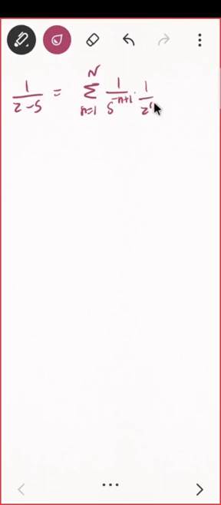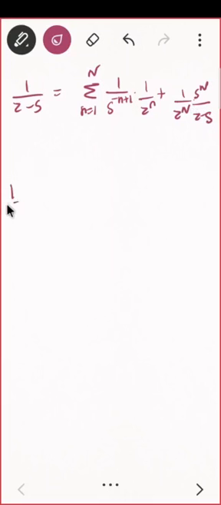Okay, so quickly let us do it. I have 1 upon z minus s, and that is equal to the summation n equal to 1 to infinity of 1 upon s raised to minus n plus 1 into 1 upon z raised to n, plus 1 upon z raised to n multiplied by s raised to n upon z minus s. So you have to multiply both sides by 2 pi i. Let me quickly write that.